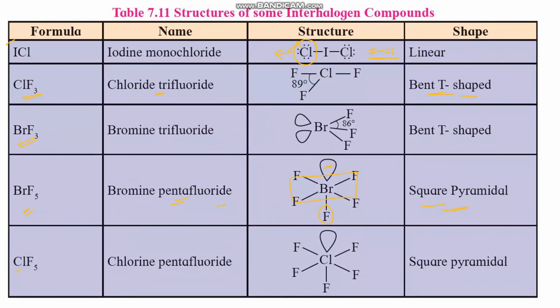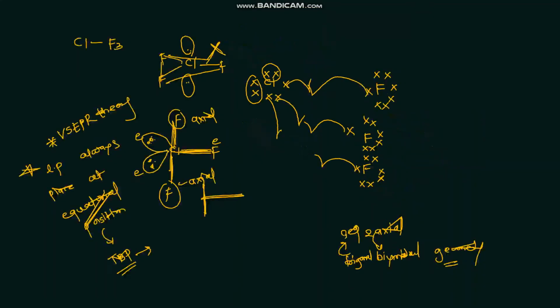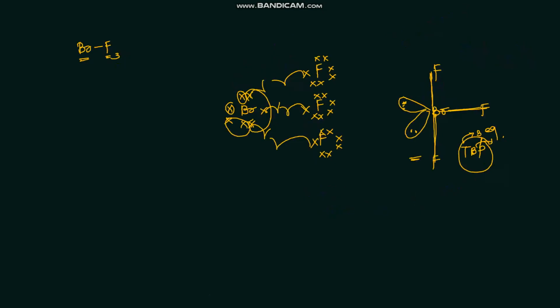Here ClF5, chlorine pentafluoride, 5 fluorines, the shape is square pyramidal. Now we can see the example ClF5. How many valence electrons in Cl? The Cl has valence electrons 7. 1, 2, 3, 4, 5, 6, 7.